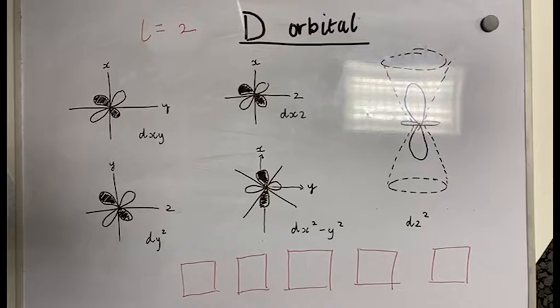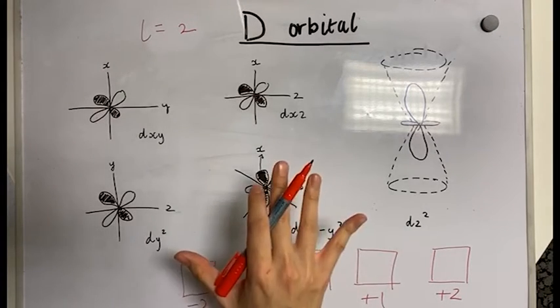So if L is equal to 2 for d orbitals, we know that ML must have 5 possible numbers. So we can have -2, -1, 0, +1, and +2 for d orbitals, because these 5 energy levels correspond to the 5 different types of d orbitals.